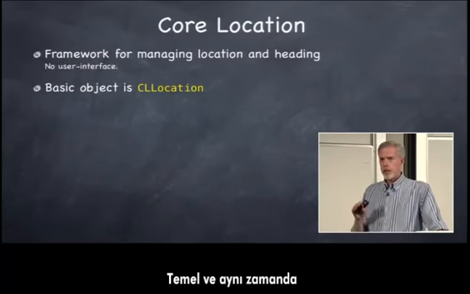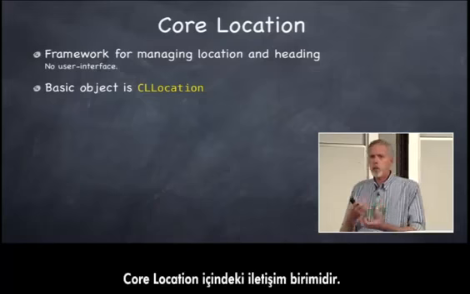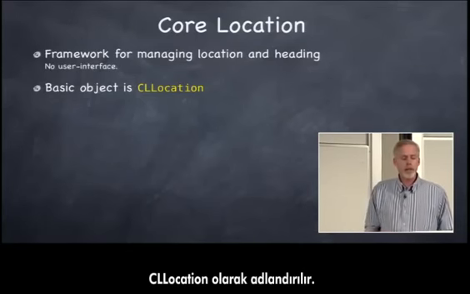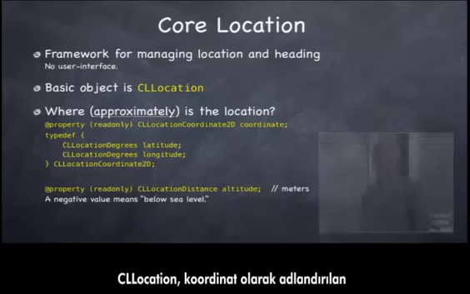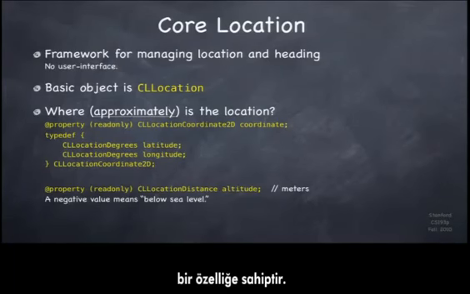The basic object, the most important object, kind of the unit of communication inside Core Location is called a CLLocation. CLLocation has a property on it called coordinate. You can see here. It's read-only, which is important to recognize. And it basically returns the latitude and longitude and has another property called altitude.